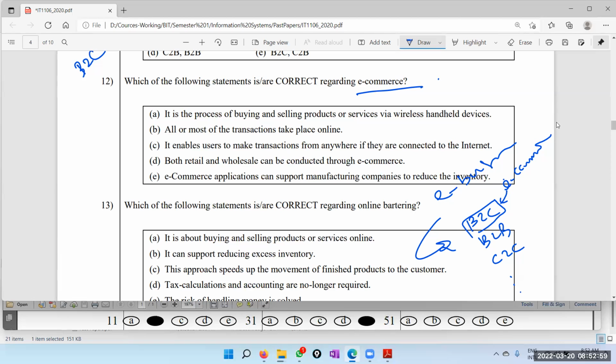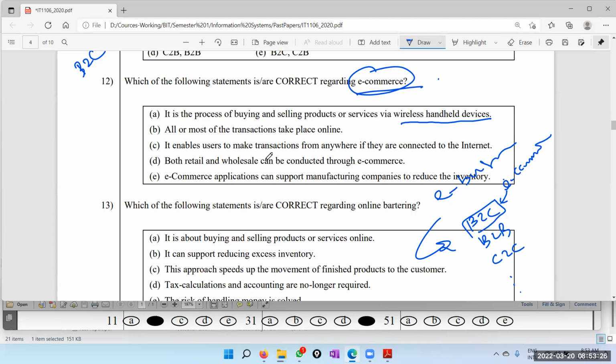Right, now let's read the question, because it is about e-commerce. It is the process of buying and selling products or services via wireless handheld devices. In a way, that is what is happening in e-commerce, right? But when we say e-commerce, usually we look at it from the business perspective, so we say just selling. But this says buying and selling.